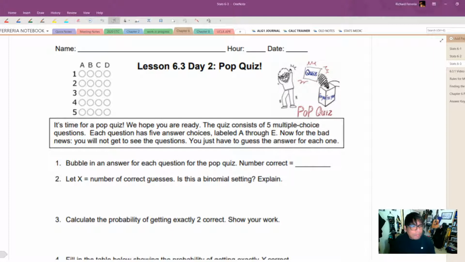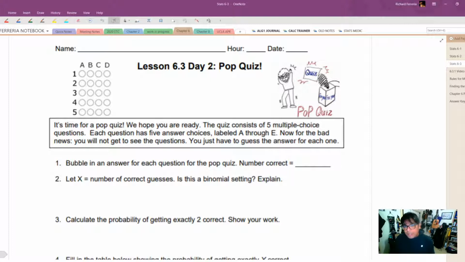So this would have been the fun part of the class where I would say something like, hey, it's time for a pop quiz. But we're not really going to do a pop quiz here. The idea is that if we were in class, we would take this pop quiz. It's 5 multiple choice questions, and each question would have 5 answers, A through E. Basically, it's just a regular Scantron test.